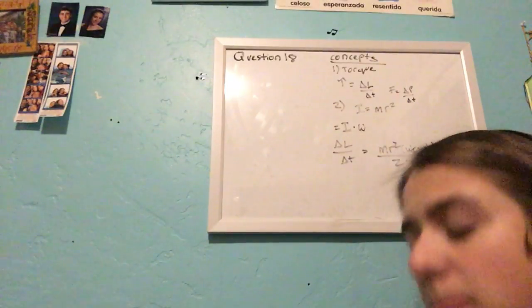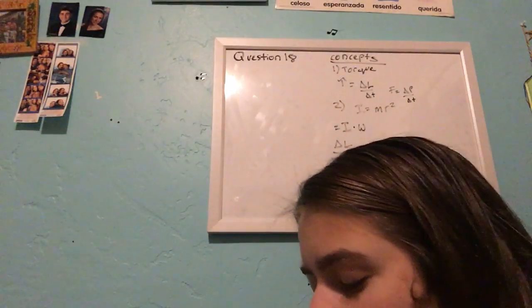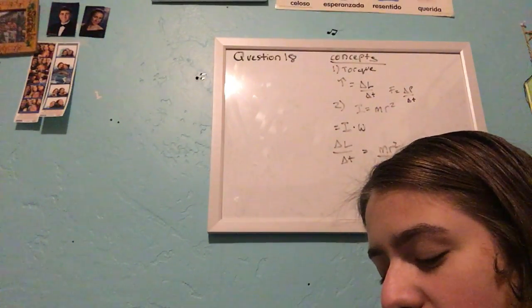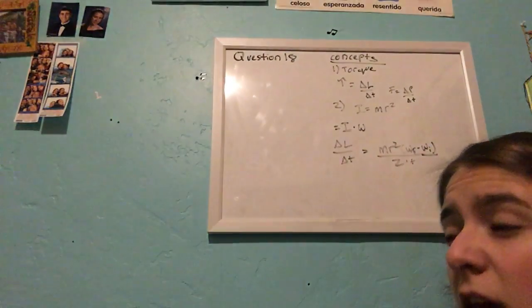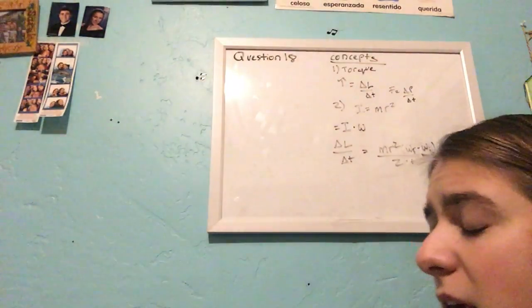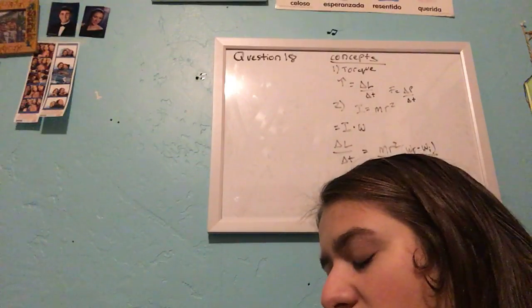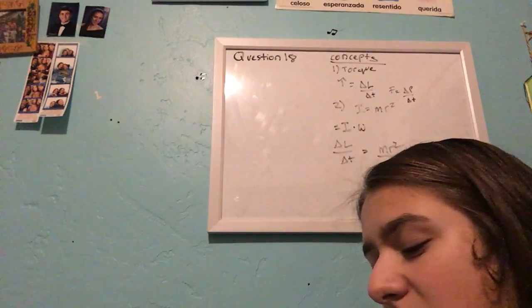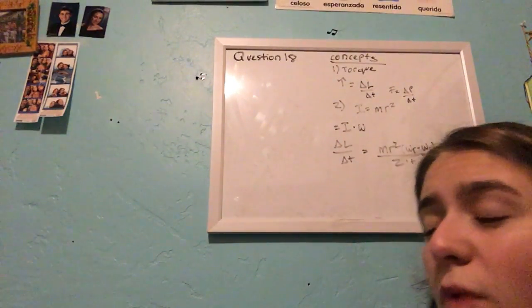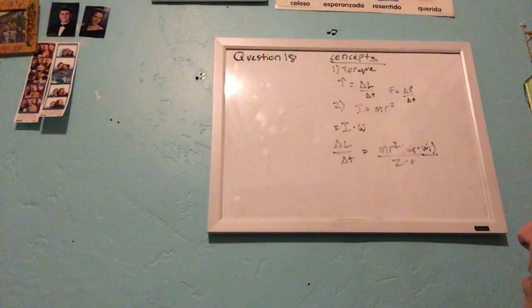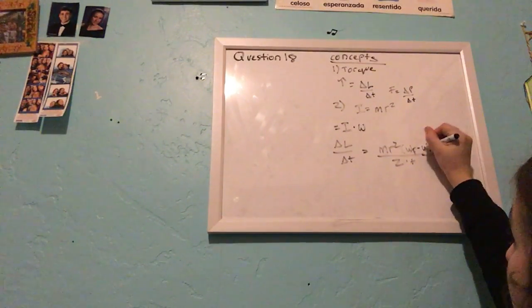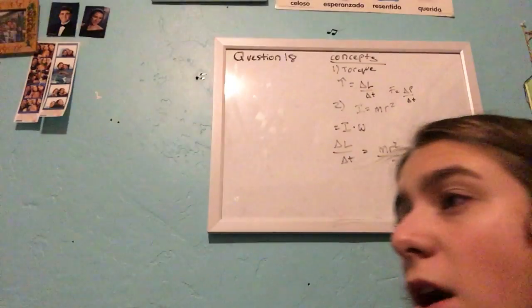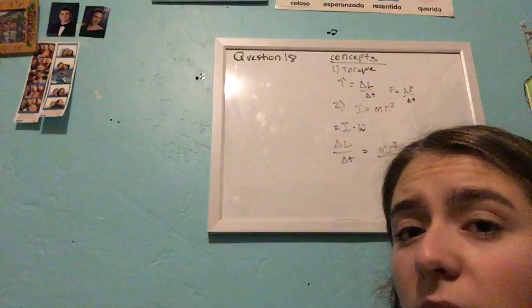Now, the problem says it gives the magnitude of the average torque that the first disk exerts on the second disk. It states earlier in this question that the second disk is at rest, so our initial angular velocity is going to be 0 because it's not moving.